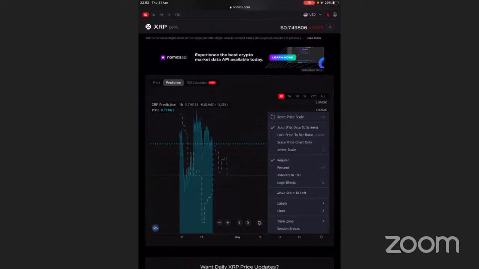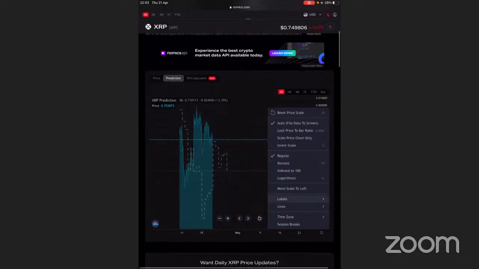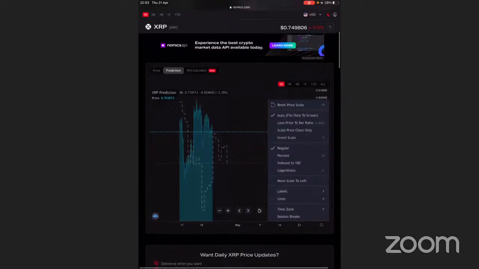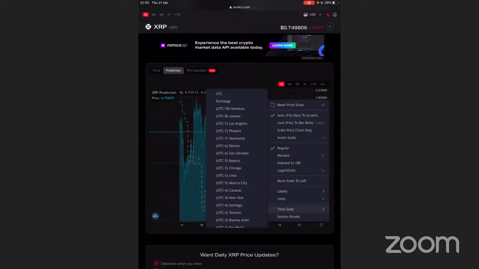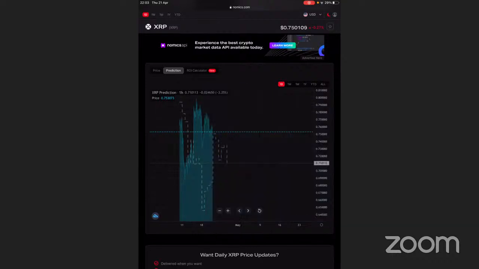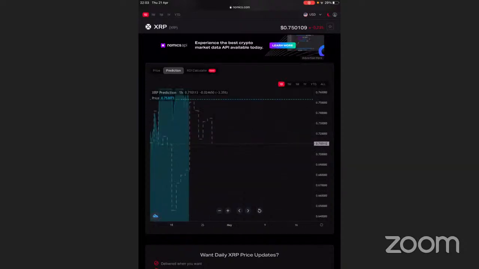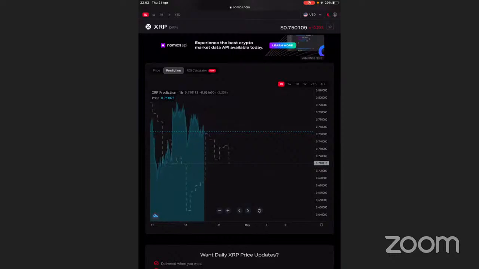And then when I click the settings, I go to time zone, right? To set up my time zone, because it's on UTC, to set on Joburg time. As you can see at the bottom of the graph there, we're in May, and there are different time zones there.